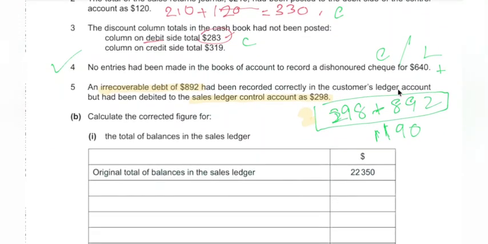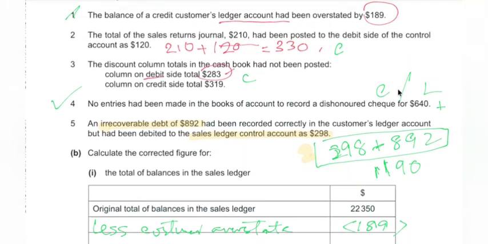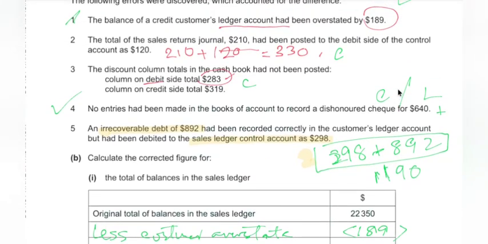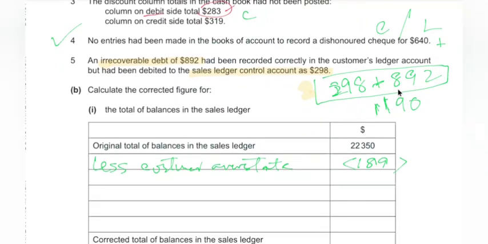So we will less customer overstate, this value is 189, this will be reduced, and then we were adding 640, which was the dishonored check.